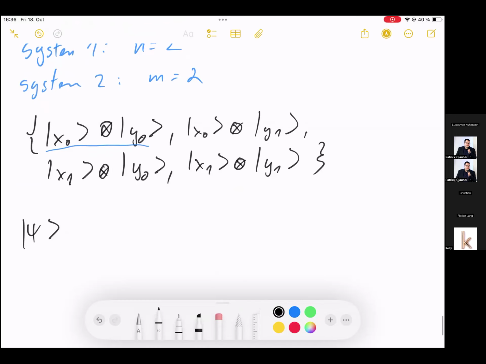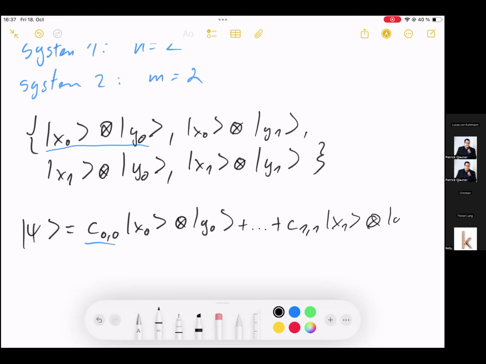So we could say it's C00, which is the amplitude, and then the first basic state is x0 cat tensor product with y0 cat, and then dot, dot, dot, up to C11 times x1 cat, and the tensor product of this and y1 cat.